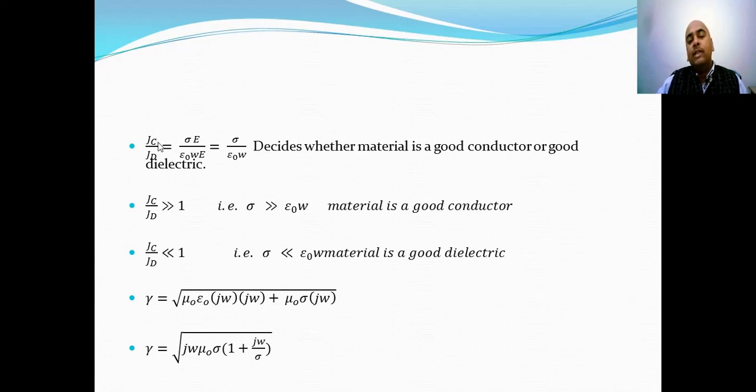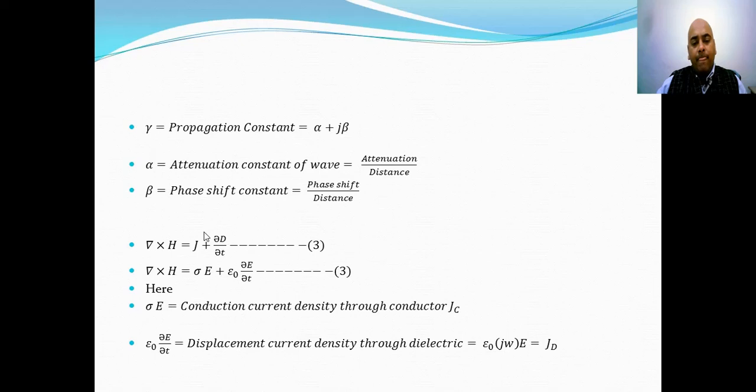The ratio Jc upon Jd is given by σ by ε₀ω, where ω is the frequency, because from here we can see that if E was varying harmonically, then E was written as the real part of e raised to the power jωt, and it was multiplied by ω.